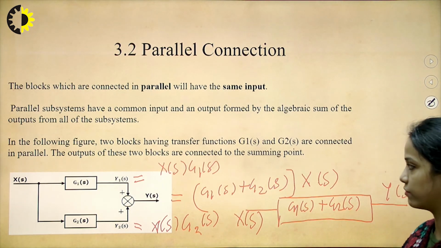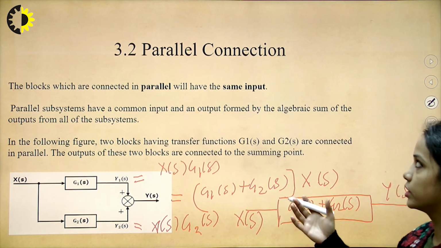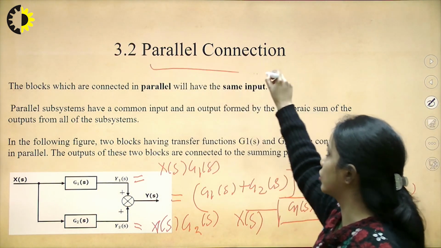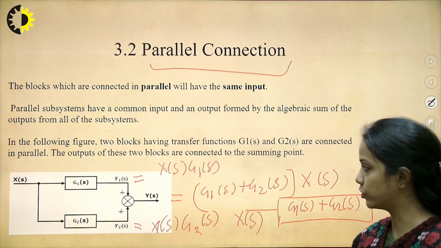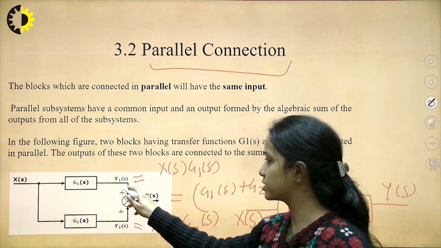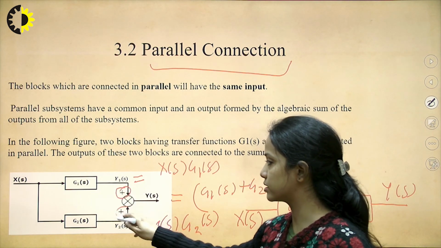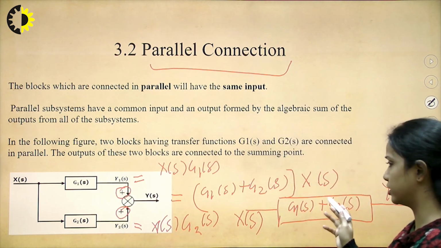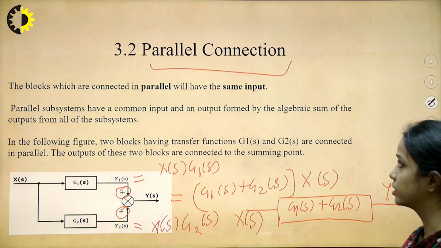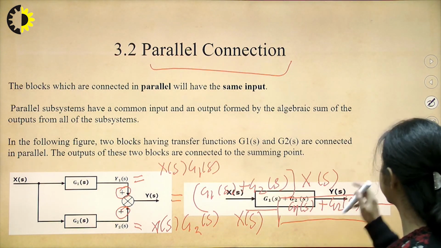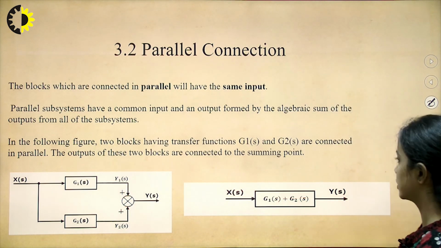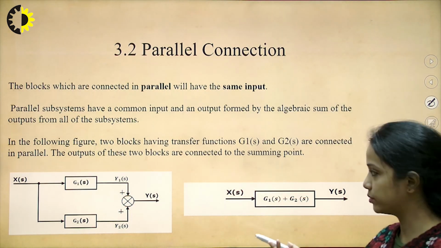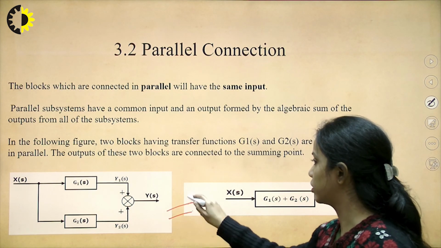We have reduced the block diagram using the parallel combination property, making the algebraic sum of both of them. We can see that here also it is plus. We are putting the gains together and adding them algebraically. The block diagram has been reduced from this to this.